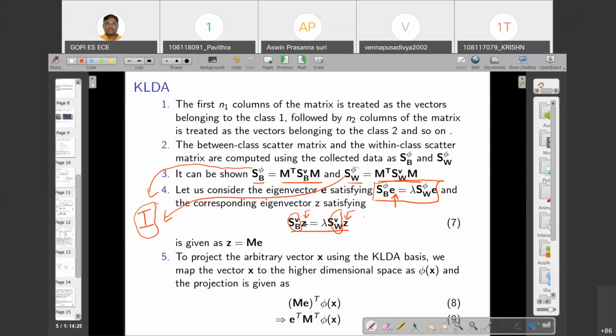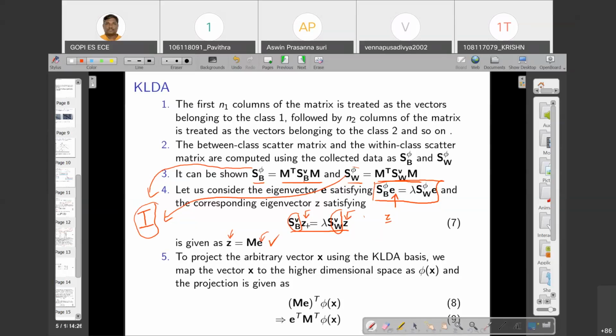So our goal is actually to get Z, but the trick is helping. We are computing this E. Once E is known, then Z can be computed just by multiplying M into E. That is the trick. We don't actually want Z to be computed directly.